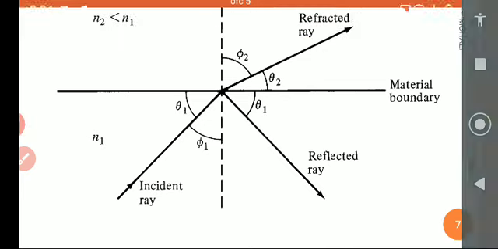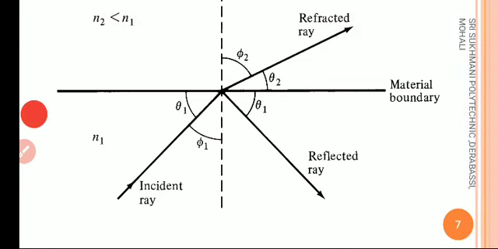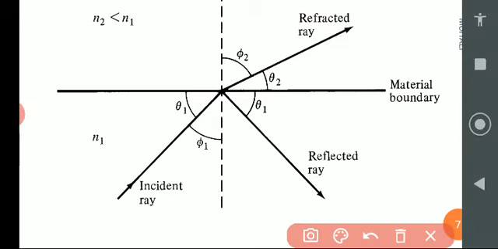When light strikes the core-clad interface at a particular angle with respect to the normal, this angle is known as the incidence angle.